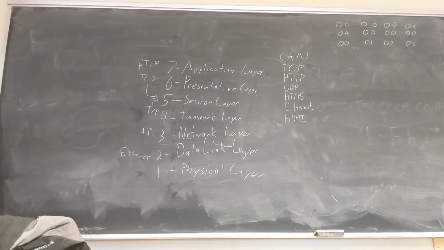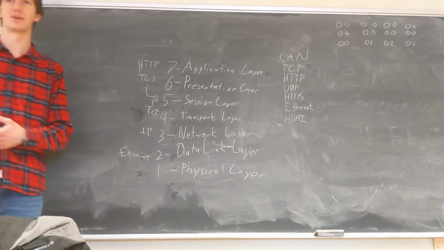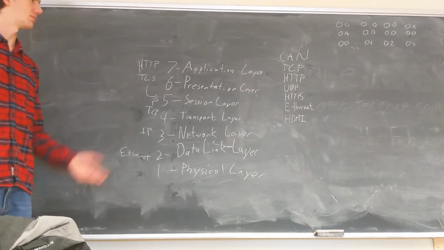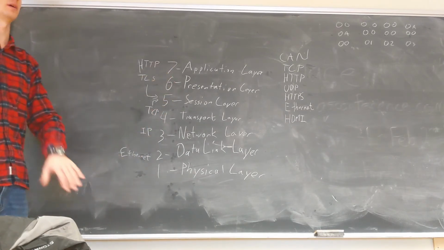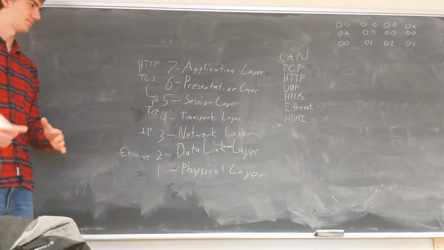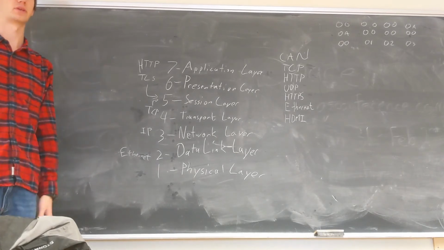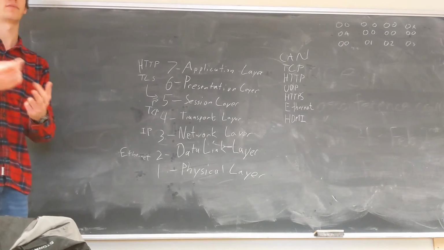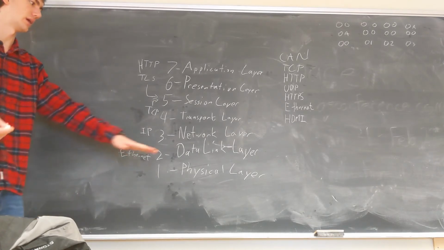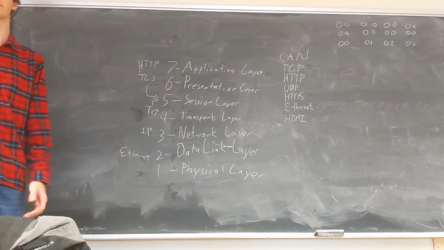Or you could be tethered over Bluetooth. It's another different protocol that can fit in here. But you can see how when you split it into a model like this, you can patch things on top of each other, like how you can communicate over Ethernet or Wi-Fi or Bluetooth or USB and still get the exact same rest of the protocol stack.